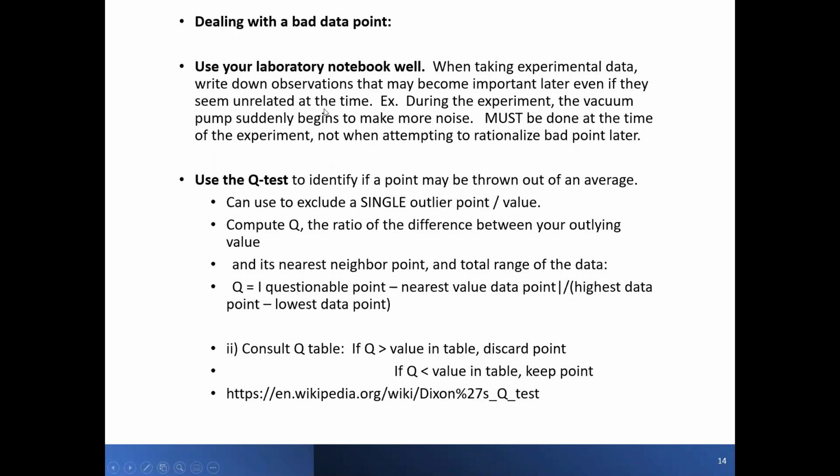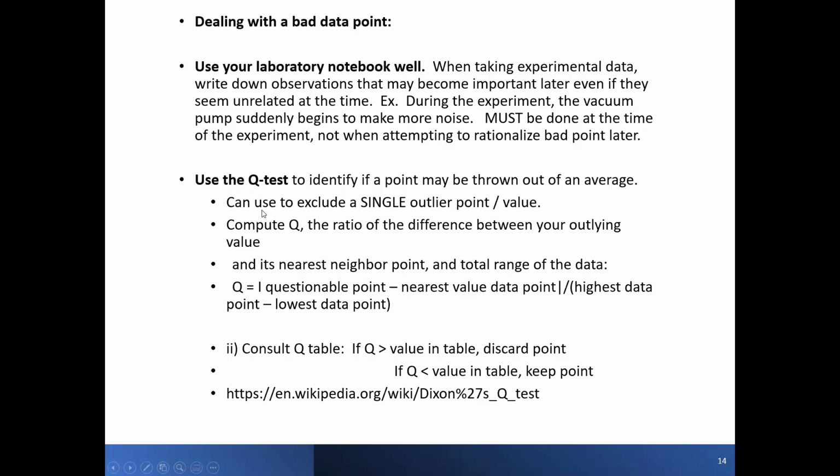When you don't have enough observations in your lab notebook, what you can do is the Q test to identify if a point can be thrown out of the average.